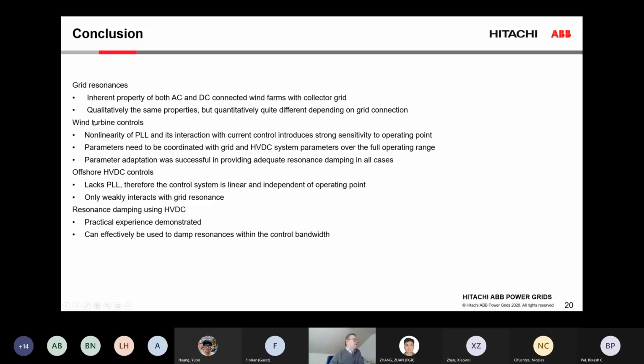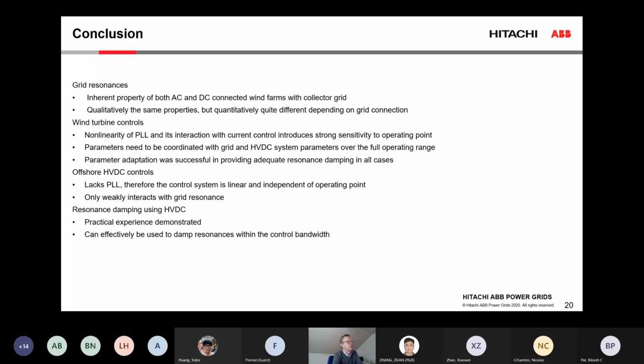We see that there is a strong sensitivity to the operating point. The stability properties were always better at low power than at full power. This can be explained partly by the nonlinearity we introduce with the PLL in the wind turbine controls.